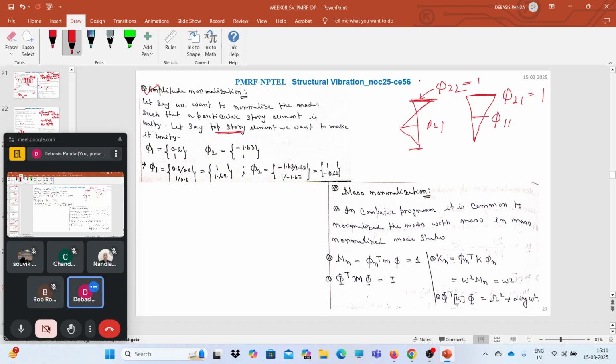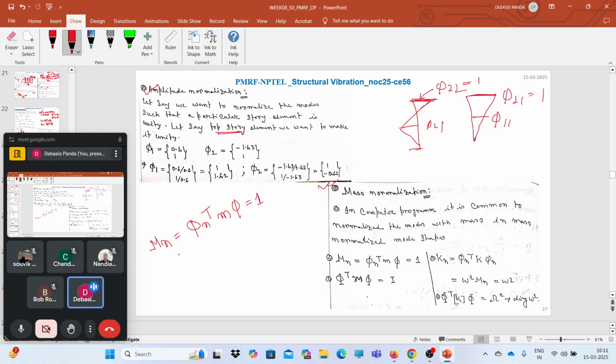you will eventually normalize the last one to 1. And what is the mass normalization? Mass normalization means like we have the normalized mass matrix, that means Mn will be 1, that means phi n transpose M phi n will be 1.